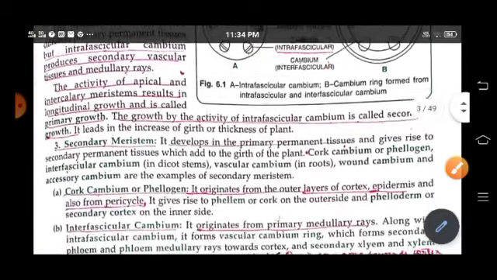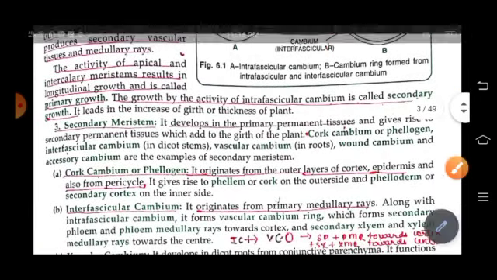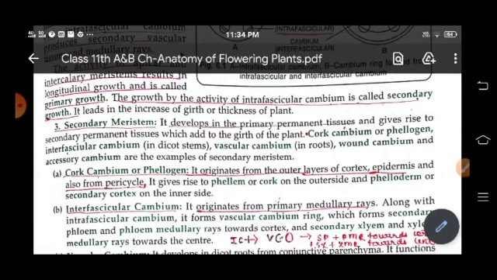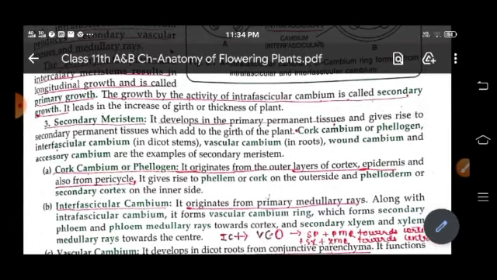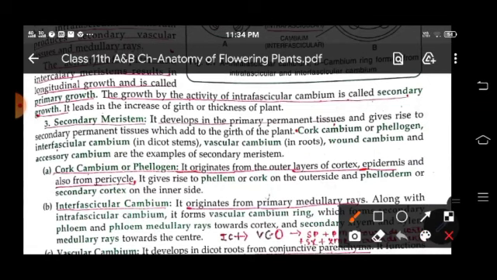The secondary meristem develops in the primary permanent tissues and gives rise to secondary permanent tissues, which add to the girth or thickness of the plant. Cork cambium or phellogen, interfascicular cambium, vascular cambium, wound cambium, and accessory cambium are examples of secondary meristem.